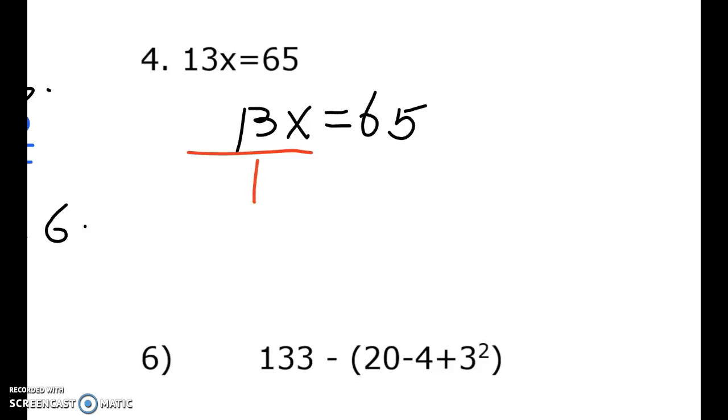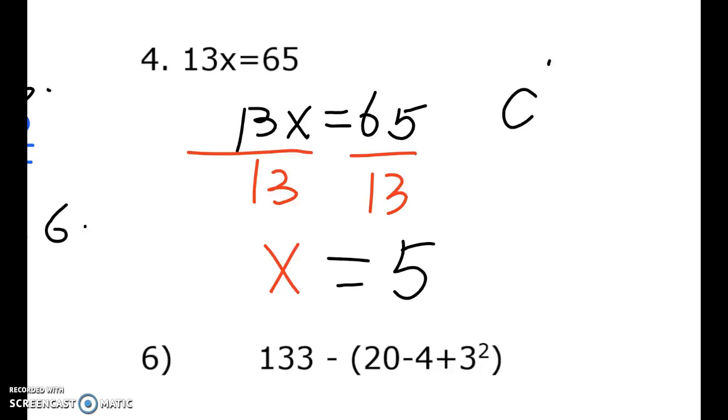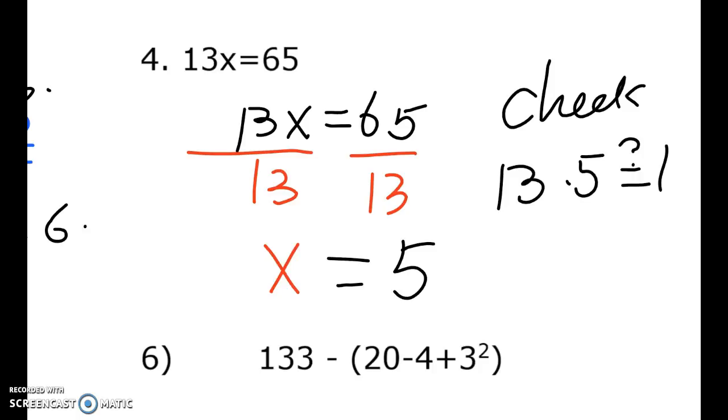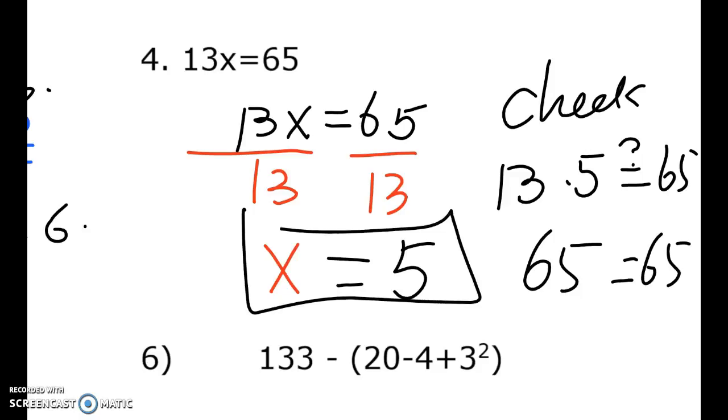So divide both sides by 13. X will equal 5. And then we need to check. 13 times 5, is that 65? Yes, it is. So this is the solution.